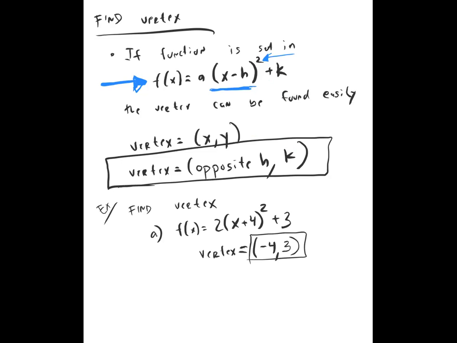What about b? What would this vertex be? +2, good, a +2 followed by a -4.